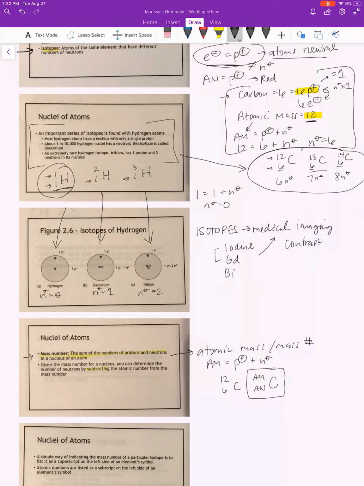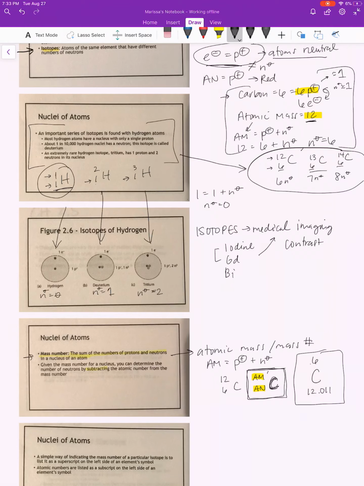So we kind of use a block-like arrangement. If you think about the element here in the center, the symbol, then we're going to take the information off the periodic table and put it there. Now, if you look on the periodic table, for example, this is carbon. Here's the box.